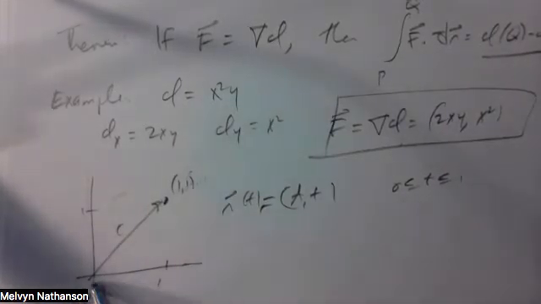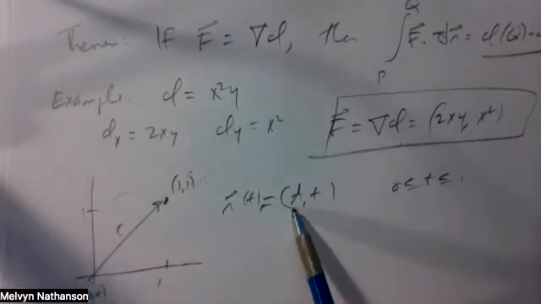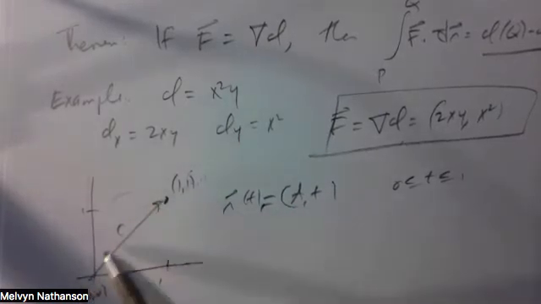So when t is 0, we're at the origin. Along this straight line, you're going along the line y equals x, and when t equals 1, you're at (1, 1).